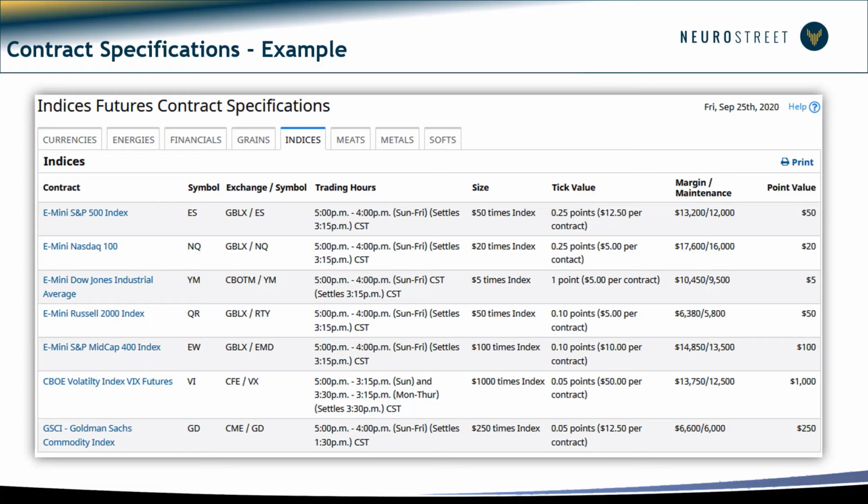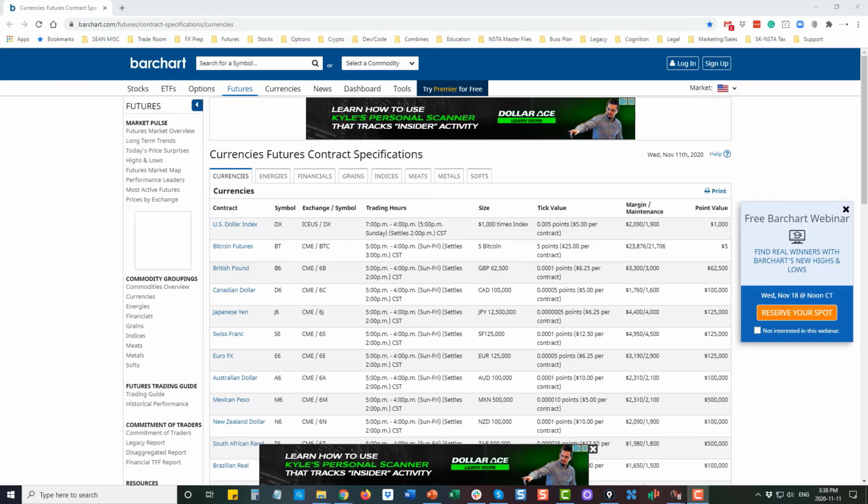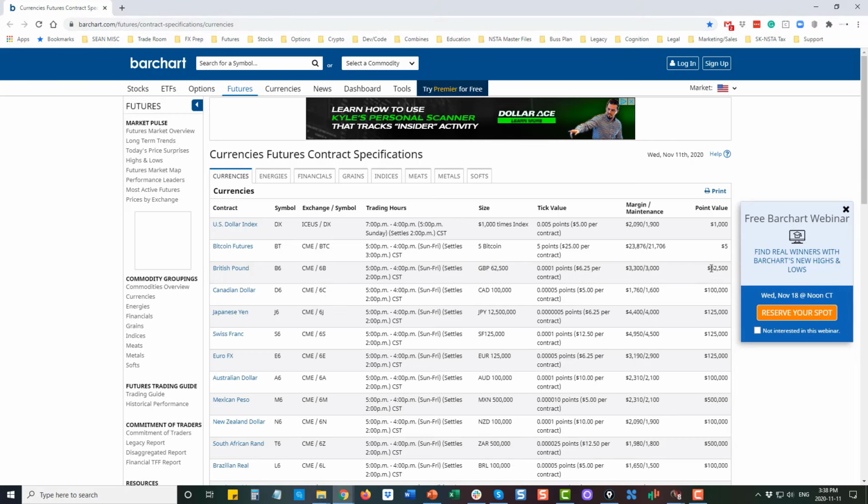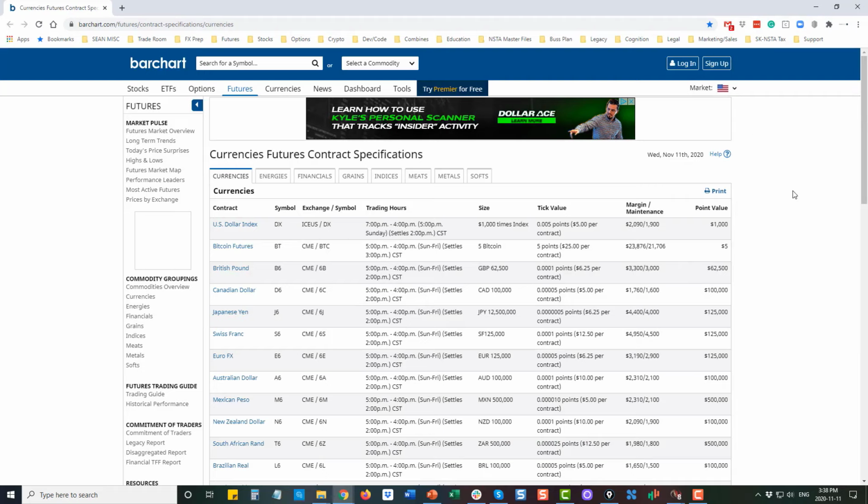What we're going to do here is open up some charts, and I'm going to show you some examples. Another thing we can do is go to that website. I'm going to pull that browser up, and we'll take a look at that as well. This is one website; you could literally just Google contract specifications for futures.